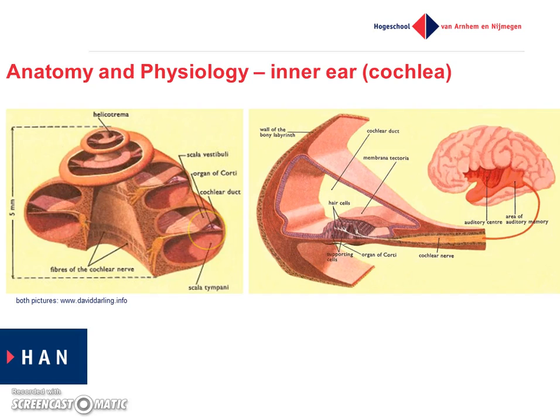The scala tympani and the scala vestibuli meet up on top of the cochlea at the apex. There's an opening between them, so they have the same fluid for sure, and they are connected.